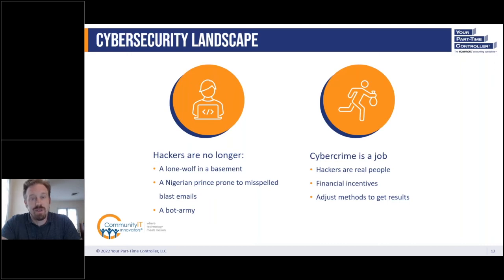As we can see from the FBI data, there are billions of dollars that are being lost to these cyber criminals. And I think from the cybercrime perspective, it's a lot easier to try to scam somebody out of $100,000 or get them to buy gift cards than it is to write a sophisticated virus to wreck a network.